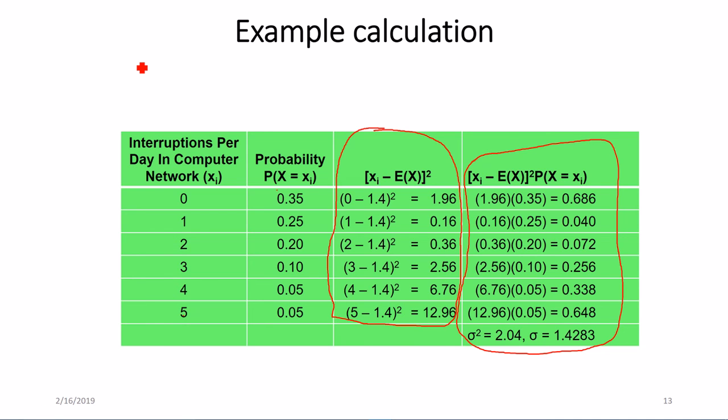So for each row, each value xi and the associated probability, we get the difference squared, and the difference squared times the associated probability. Summing them all together, we have the variance sigma squared, which is equal to 2.04, and the standard deviation is the square root of sigma squared, which is about 1.4 something.